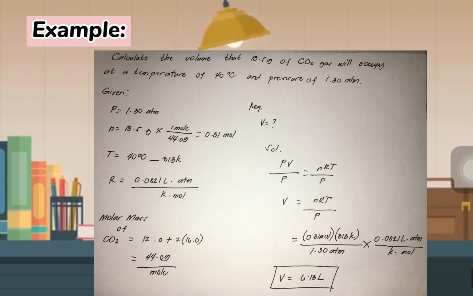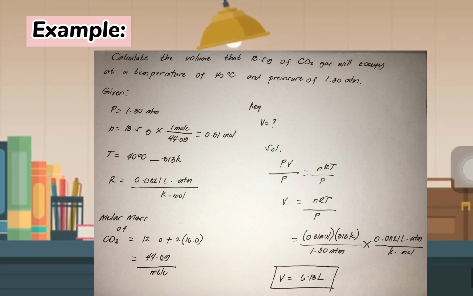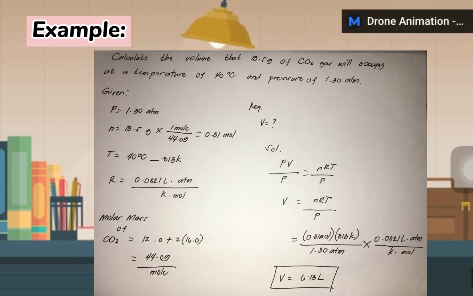Then substitute the quantities. So we have 0.31 mole times 313 Kelvin over 1.30 atm times 0.0821 liter times atm over Kelvin times mole. The same process, we will cancel the same units. So we will cancel the mole, then the Kelvin and the atm.